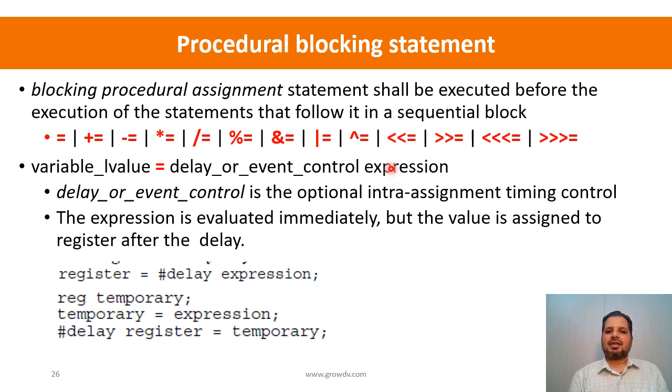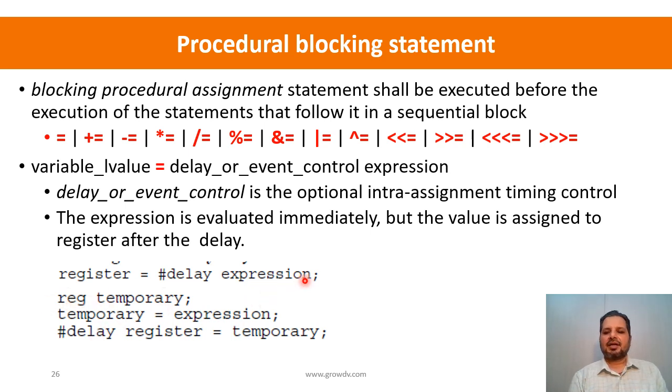So what happens is, if you have some expression, for example a and b, the expression gets evaluated immediately. If I have put some delay over here, the expression a and b will be evaluated based on the time when this particular blocking assignment takes place, but the value would not be assigned to the left hand side immediately. For example, if I have register equal to some hash delay and expression, the equivalent of it is that I will have one temporary variable.